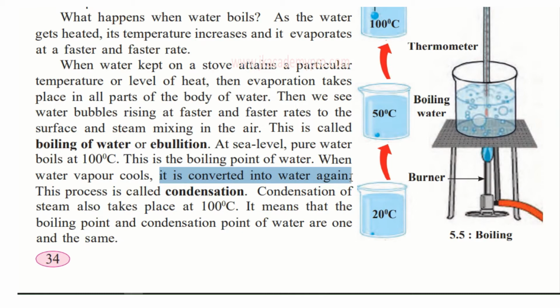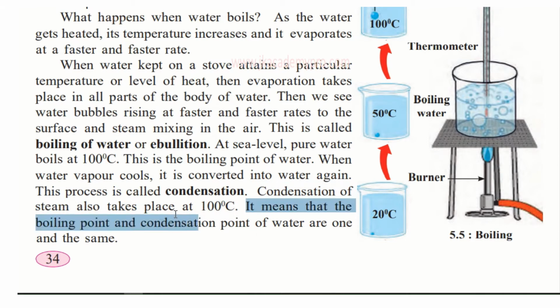That is called the condensation process. Condensation of steam also takes place at 100 degrees Celsius. So it means that the boiling point and condensation point of water are one and the same. 100 degrees Celsius is the boiling point and the condensation point of water.